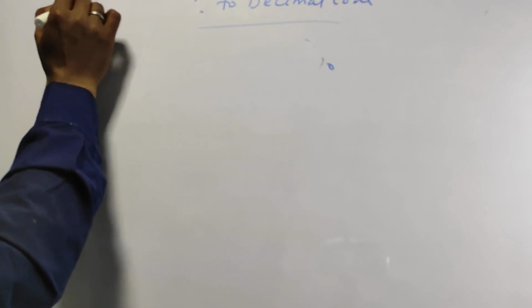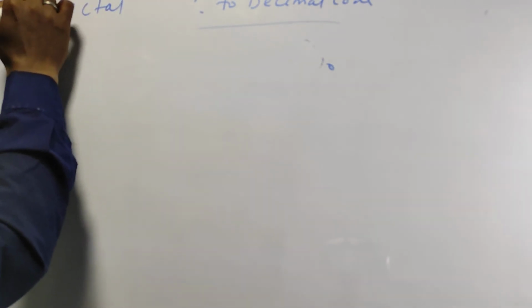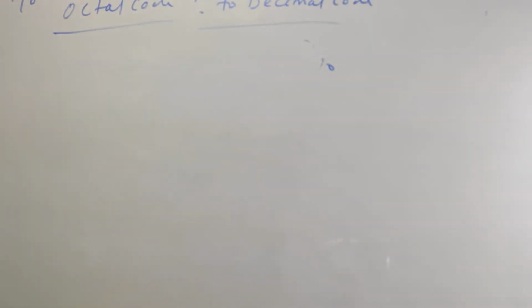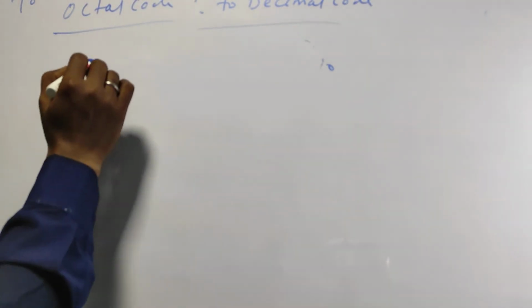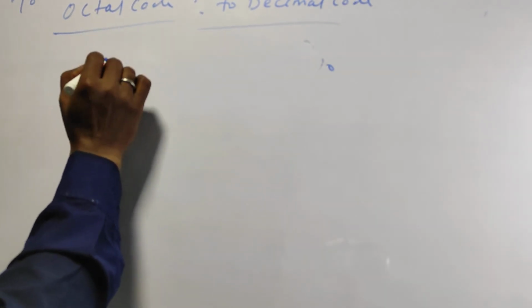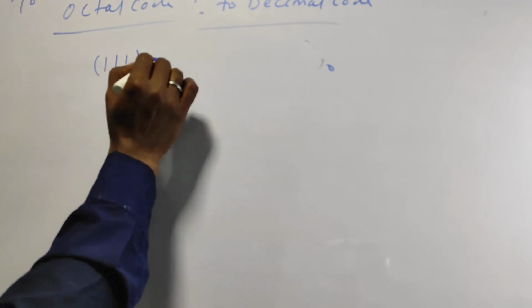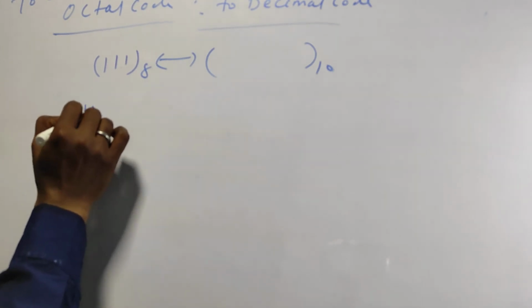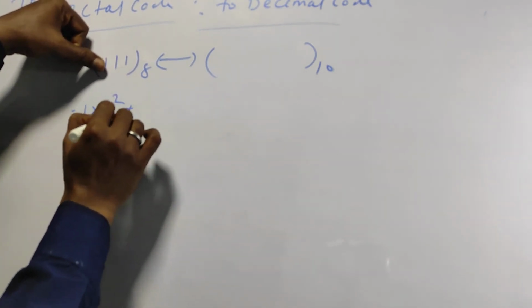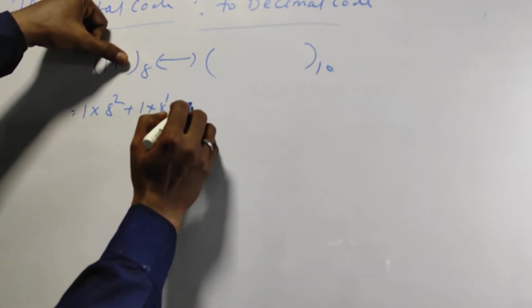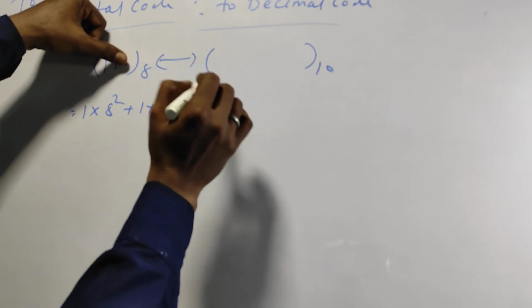Then to convert octal code to decimal code. In octal to decimal conversion, take 1 2 1, which converts to its decimal equivalent. We write 1 into 8 to the power 2, 2 into 8 to the power 1, and 1 into 8 to the power 0.